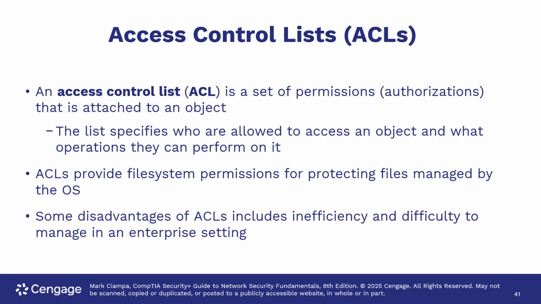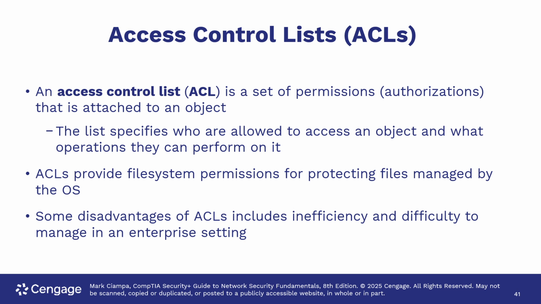So you have what's called access control lists. Some of you that have ever worked with routers and things like that understand a little bit more about what an access control list is. It's a set of permissions or authorizations that attach to a particular object. The list specifies who is allowed to access that object and what operations they can perform on it.